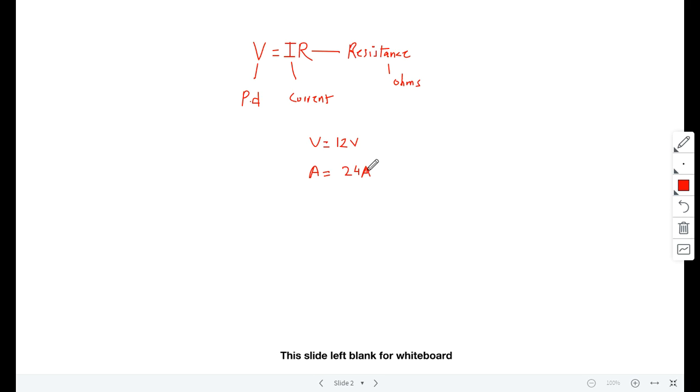Okay, so potential difference is 12 volts. If you use the formula, you put 12 in place of V, 24 in place of I.